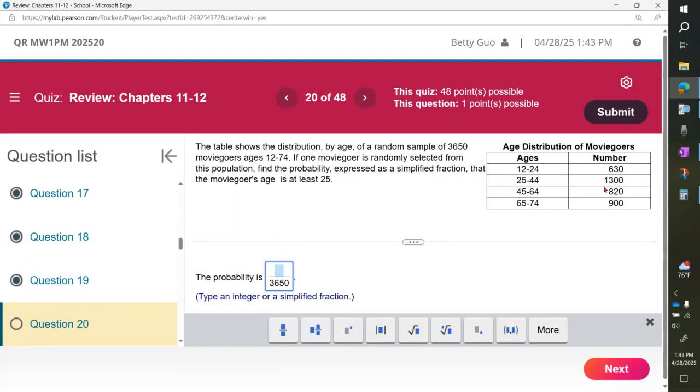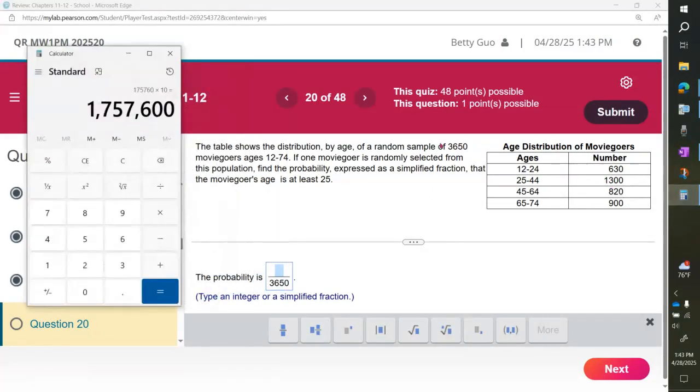At least 25, that's going to be those three numbers, right? We can use a scientific calculator to find how many of them. So from 25 to 44, 45 to 64, 65 to 74. So all the last three rows, they are at least 25 years old.